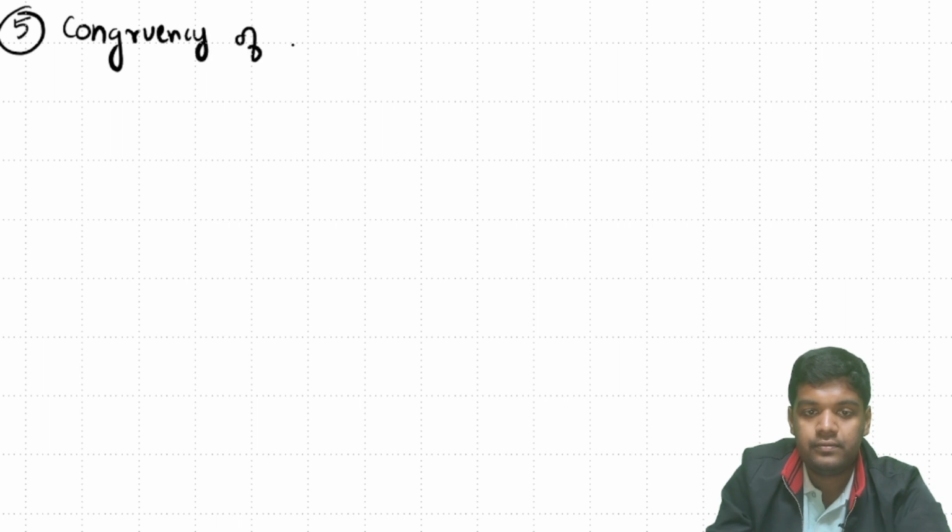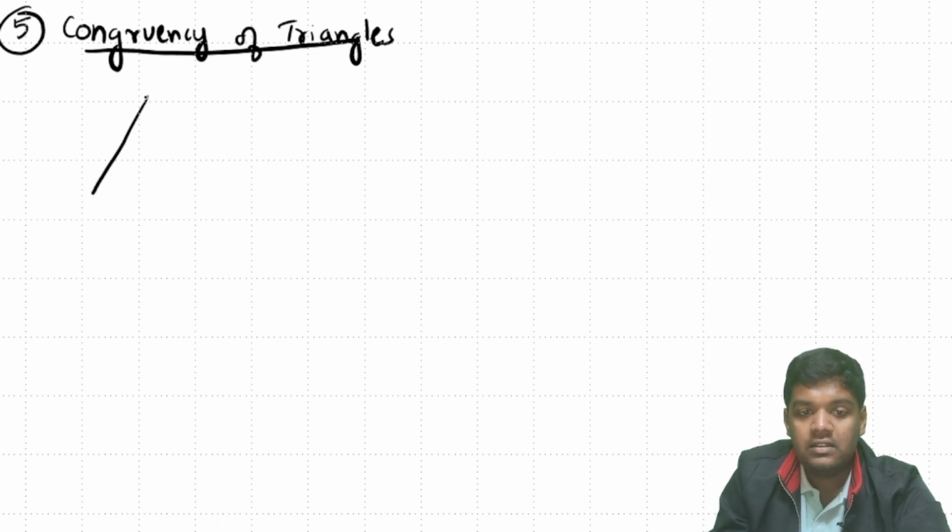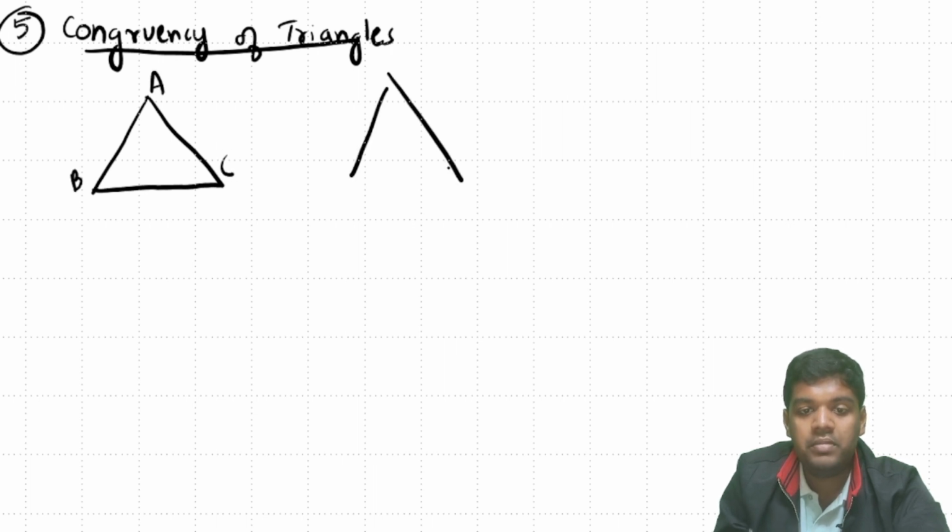Okay, so after types of triangles and trigonometry, the next property we'll be learning is about congruency of triangles. So let's say there are two triangles, triangle ABC and triangle PQR.